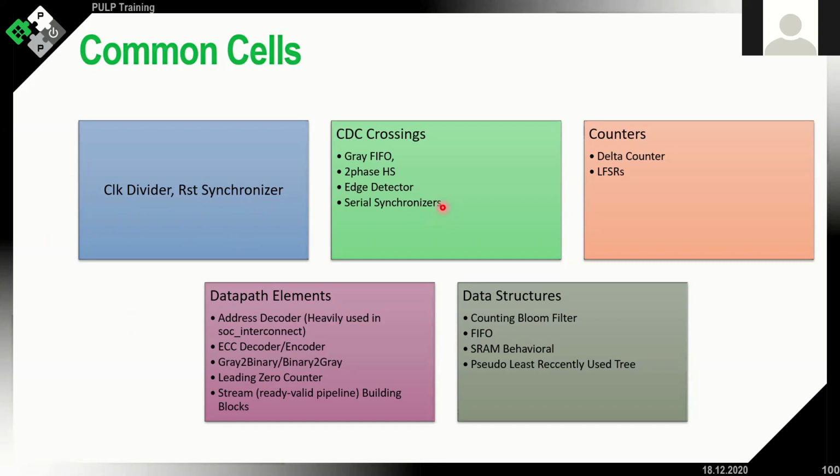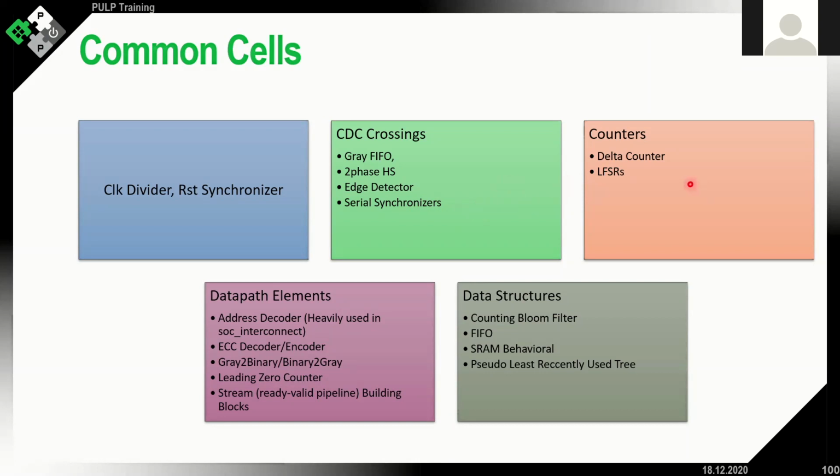These are used fairly often in PULP SoC. So different kinds of clock domain crossing IPs like FIFOs, two-phase handshaking IPs, or also some IP for getting rid of metastability with serial synchronizers. I mean, those are not hard to implement yourself, but still they're there.